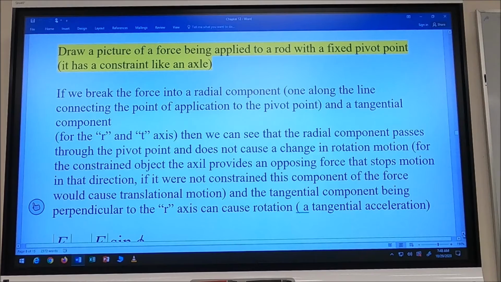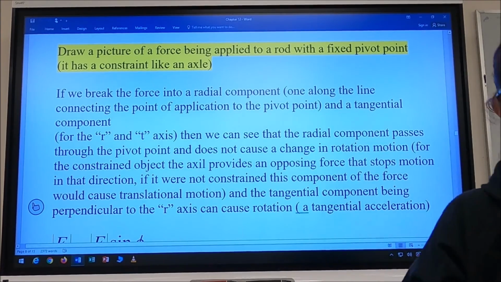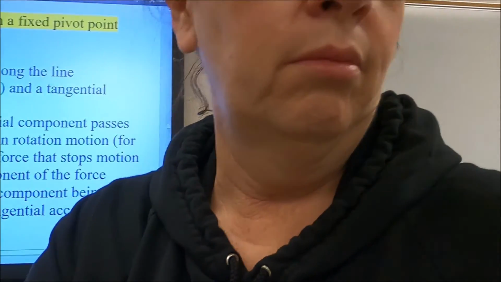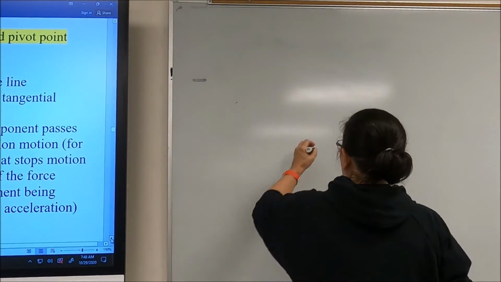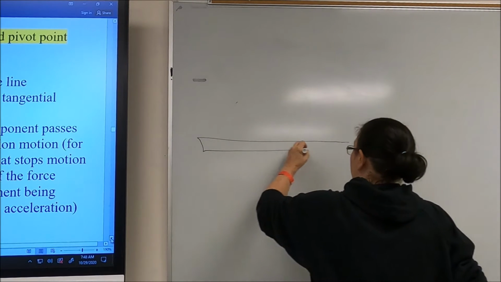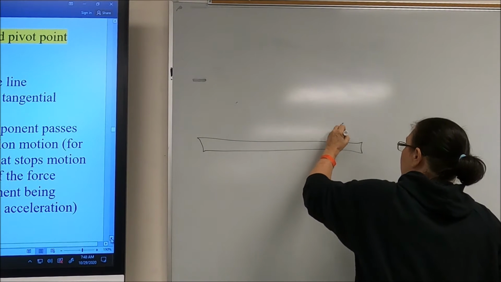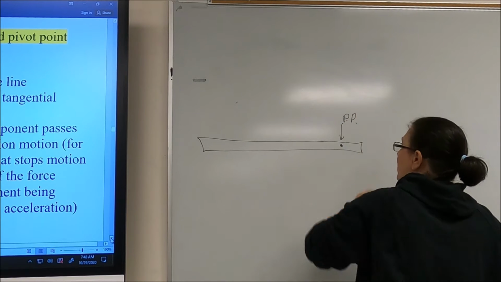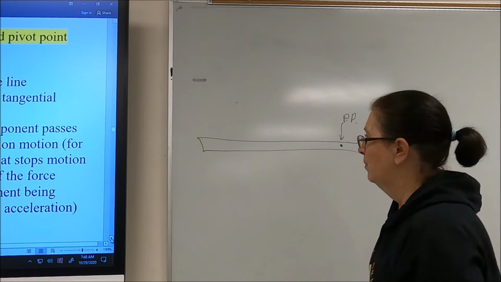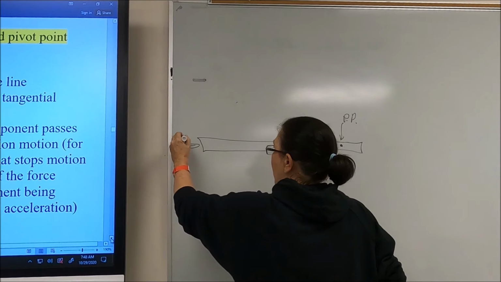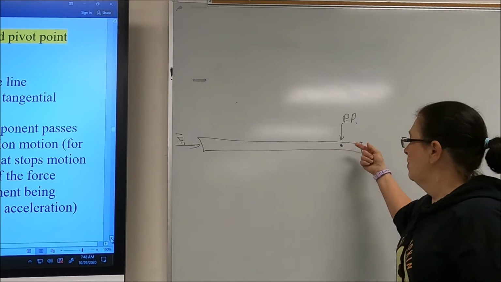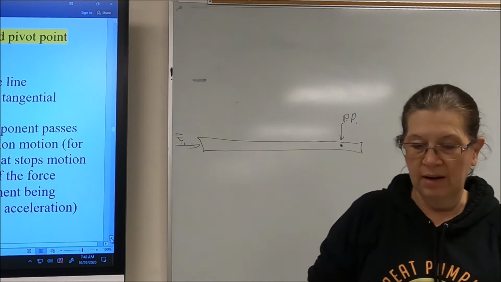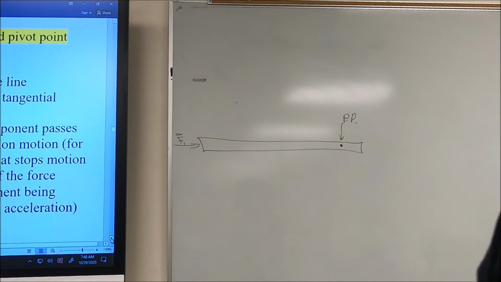Now I'm going to draw a picture. PP stands for pivot point. If I apply a force F1 here, that pivot point is going to apply a force that opposes that force. Nothing's going to happen.